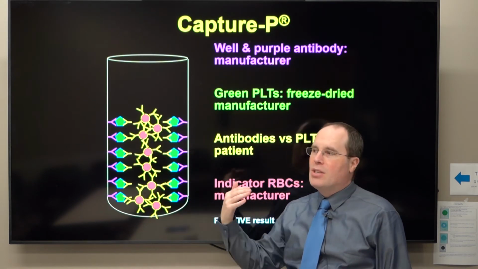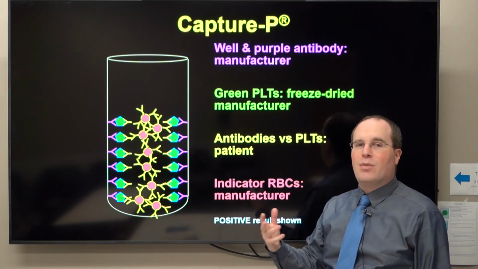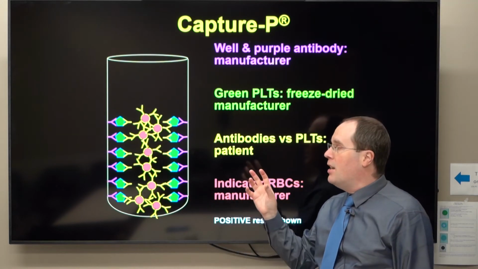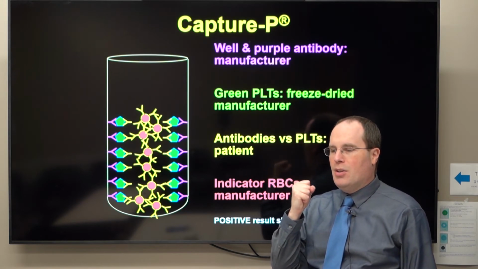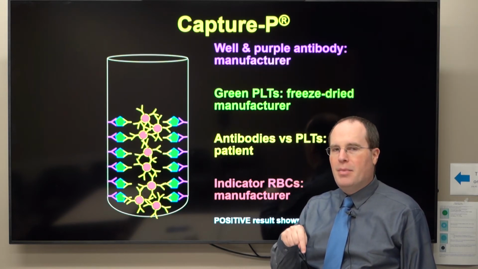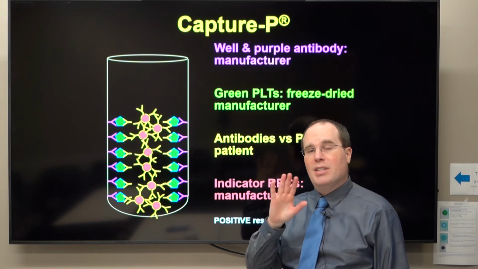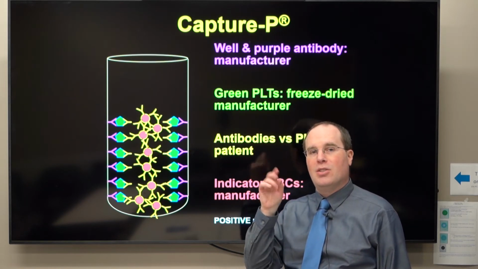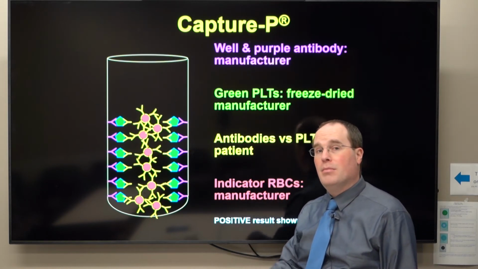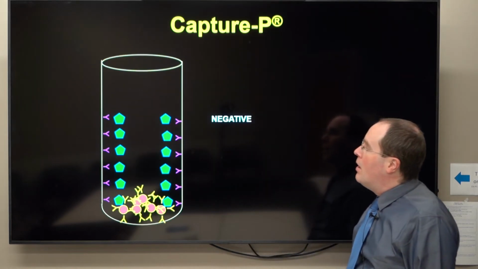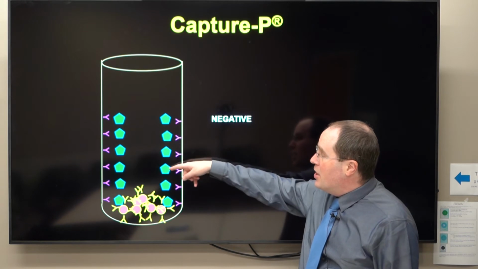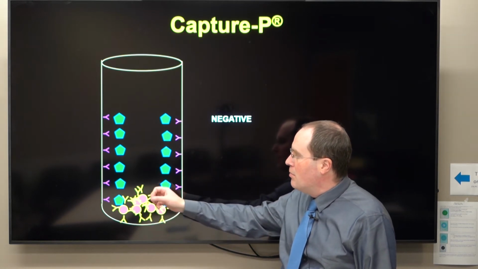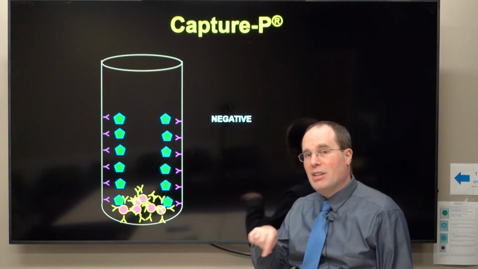They'll all fall to the bottom, and just like in solid phase for red cell testing, if you see one button or one clump of red cells at the bottom, that's negative, right? That's not red cell agglutination, that's all the indicator cells falling to the bottom. That's negative. Bam, negative. So your indicator cells didn't see any IgG, so they fell to the bottom. So there's not a lawn of redness, but a single dot. That's negative.